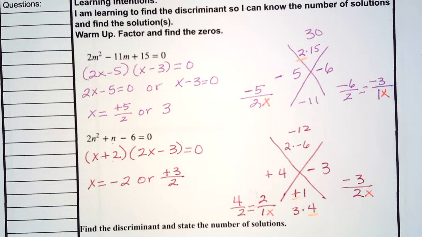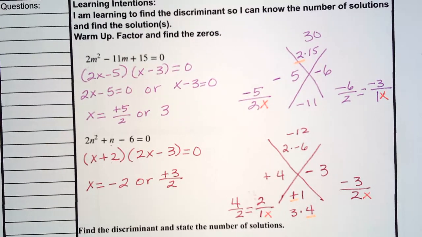So remember, when we're looking for the discriminant, we're going to use the quadratic formula. The discriminant will tell us how many real solutions we have, if any. It all is based off of the fact that after we find the discriminant, we have to find the square root of the discriminant.